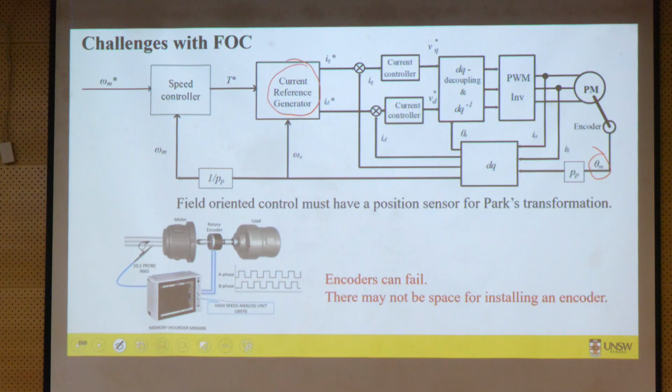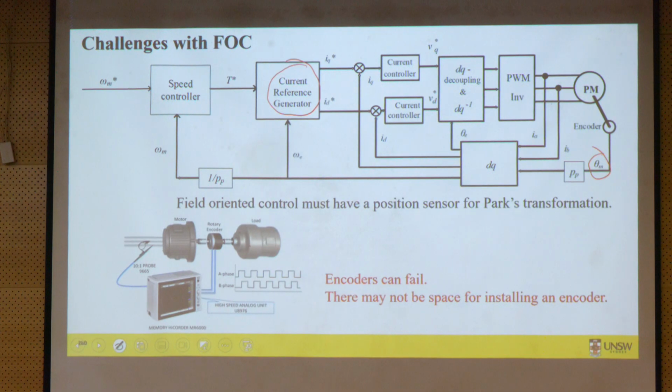So for those type of applications, we need to have some kind of alternative, right? And that alternative is usually to have a position estimation as well along with the encoder. So for EV, they usually have also a position estimator along with the encoder, so that in case encoder fails, at least that position estimator can provide some kind of buffer, okay?